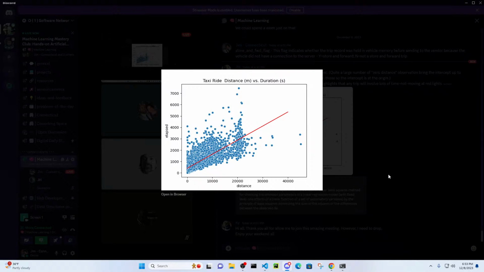Also, he was using Matplotlib, which obviously can work fine. I prefer Seaborn because you get these labels for free. So I had dataframe.distance, and that gives the x-axis label of distance. I had dataframe.elapsed, which again gives us the vertical y label.